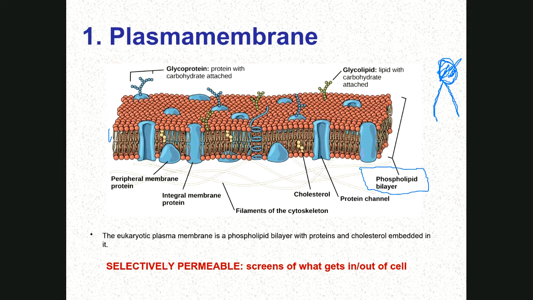So this part is hydrophilic. It interacts with water. But this part is lipidic. It's hydrophobic. It does not interact with water. So each molecule has a part that interacts with water and a part that does not. And this is a bilayer, and the only way to form a bilayer is to have each phospholipid in contact with another phospholipid.